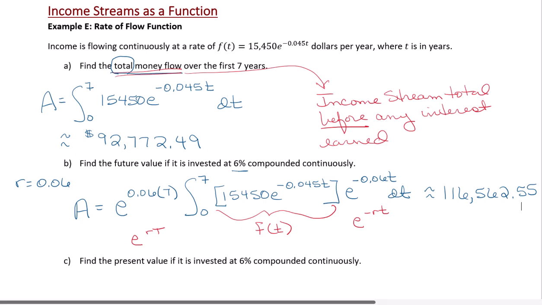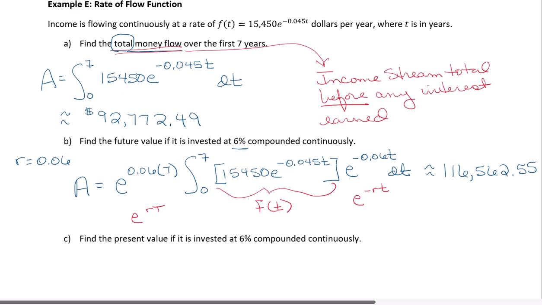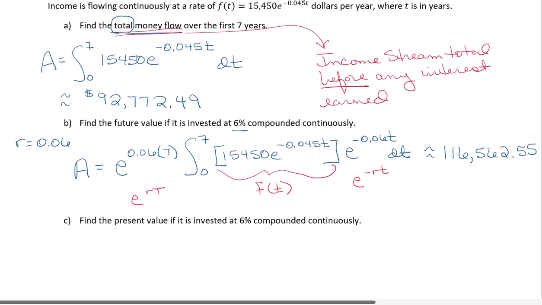Now I'm going to scooch up just a little bit here. What if, in part C, we want to find the present value if it's invested at 6% compounded continuously? In other words, how much would we have to have in our pocket right now as a lump sum to deposit, never touch again, and still have the same amount of money after 7 years? So remember our formula for the present value.